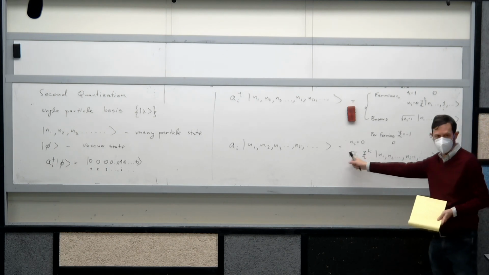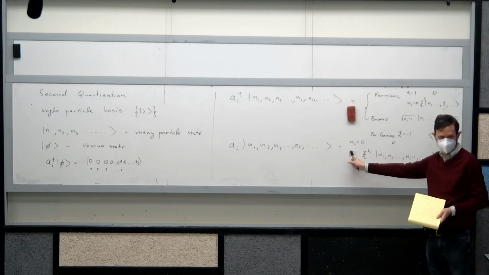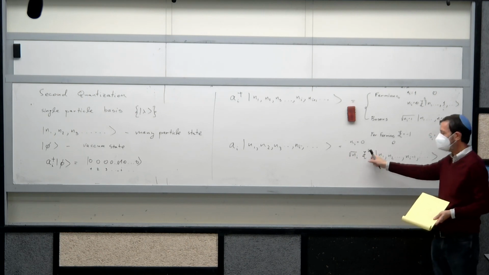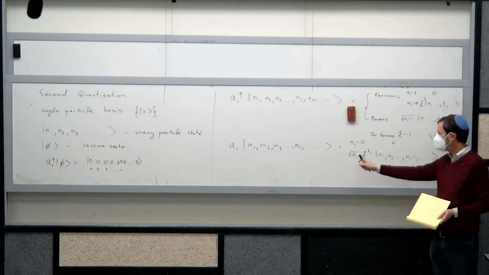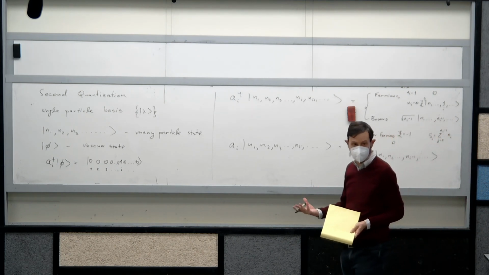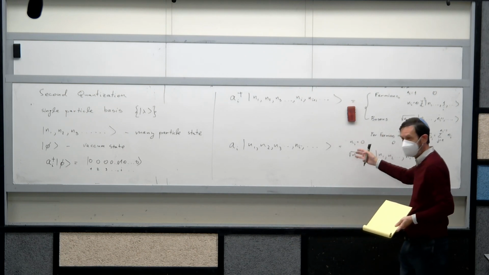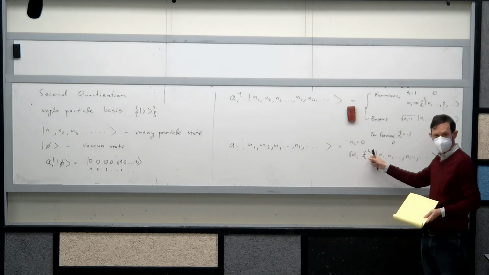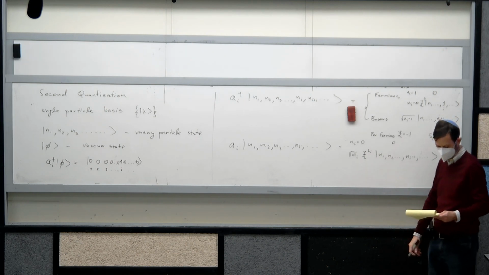But I have to correct the amplitude. On the other hand, for fermions, the only possibility is Ni equal 1, and therefore square root of 1 is 1. But I have here this minus that can come into account.